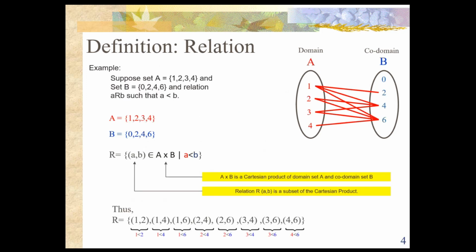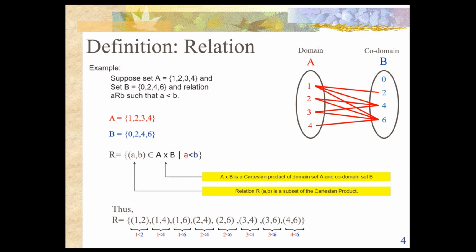Let's look at one example. Suppose set A contains the elements 1, 2, 3, and 4. And the second set, codomain set B, contains elements 0, 2, 4, and 6.